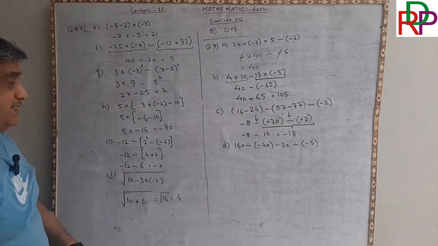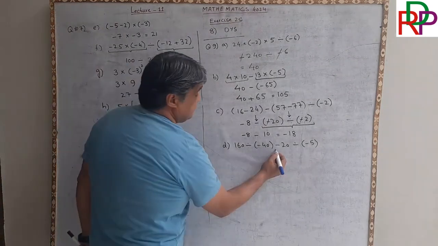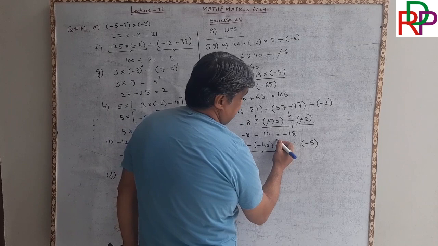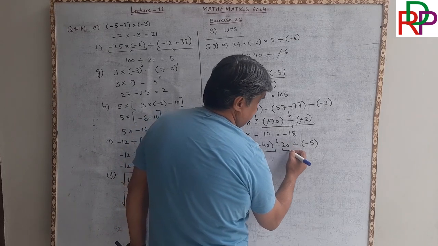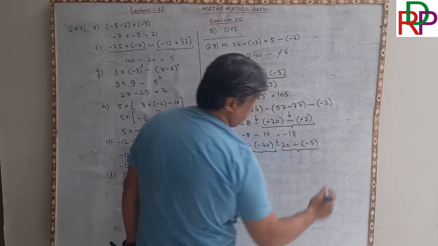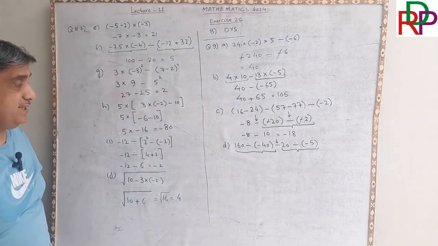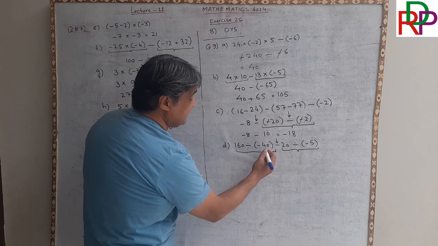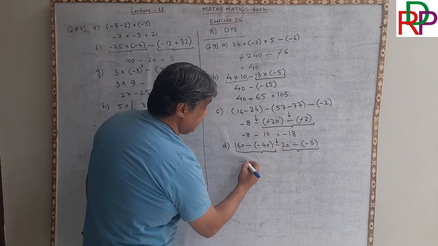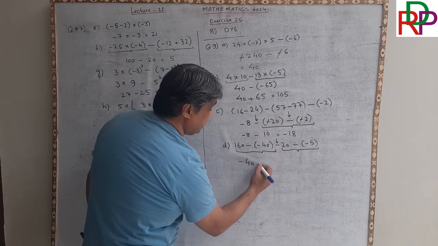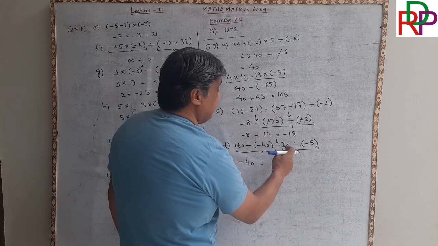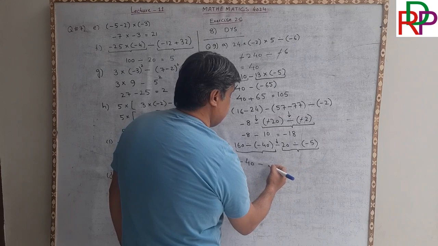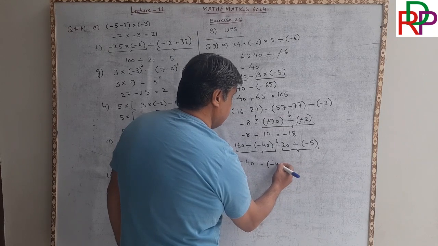Okay, ladies and gentlemen, the priority of this is greater than this negative, so we have to do these parts separately, and then we will write 160 divided by minus 40 minus, and this 20 divided by minus 5 is equal to minus 4.